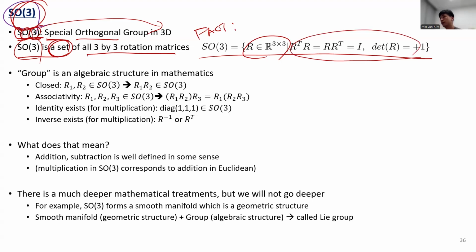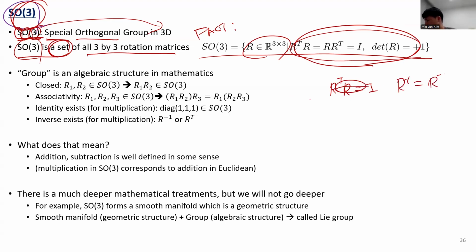I don't think you really have to know this, it's just a definition. So any 3x3 rotation matrix has this property: its transpose times itself is identity. That means the inverse is the transpose. And the determinant is always +1. Okay.